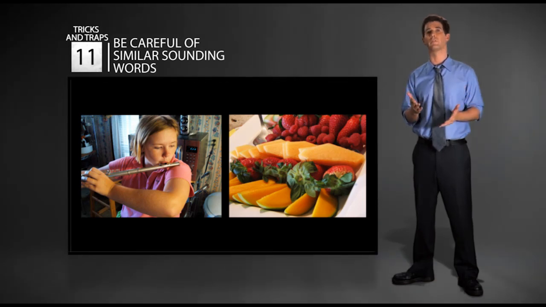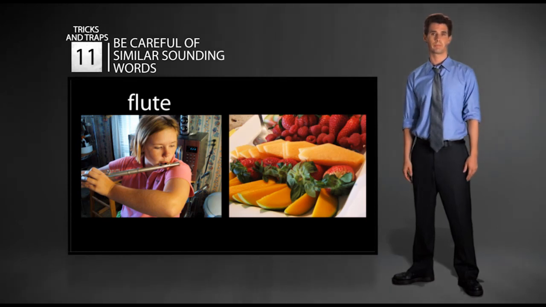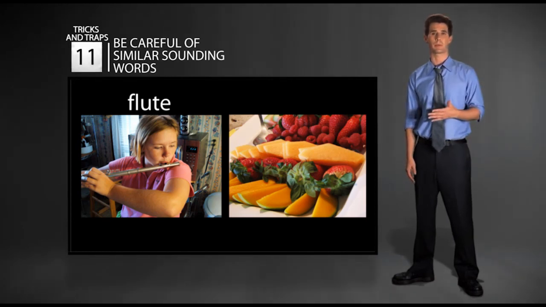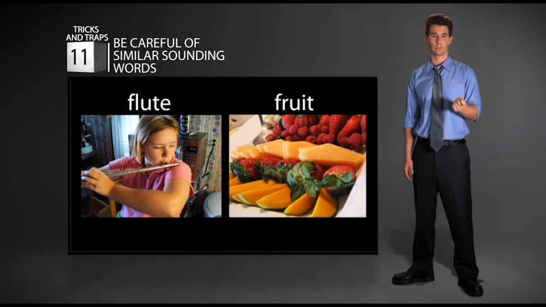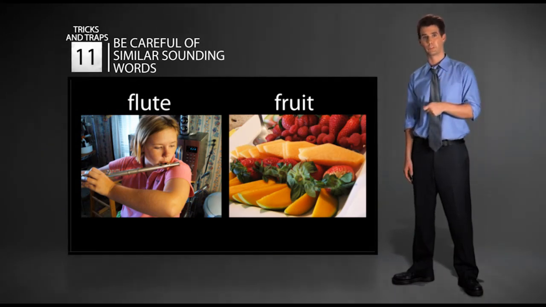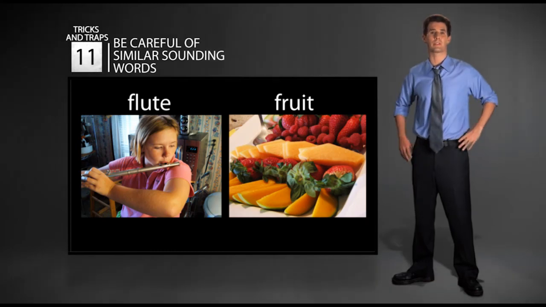This is a picture of a flute. It's a musical instrument. And of course, this is a picture of fruit. If you're not listening closely, it can be very difficult to distinguish flute from fruit. So be careful of similar sounding words.